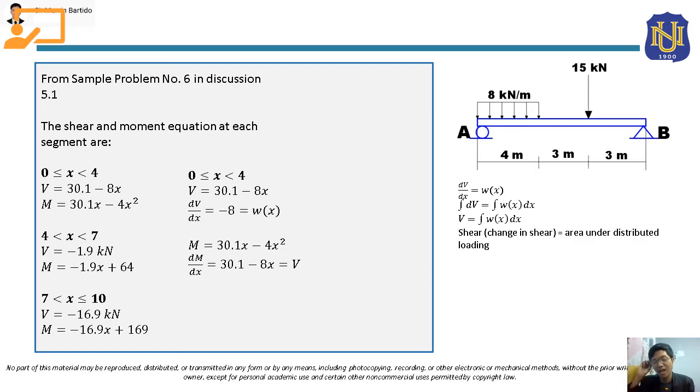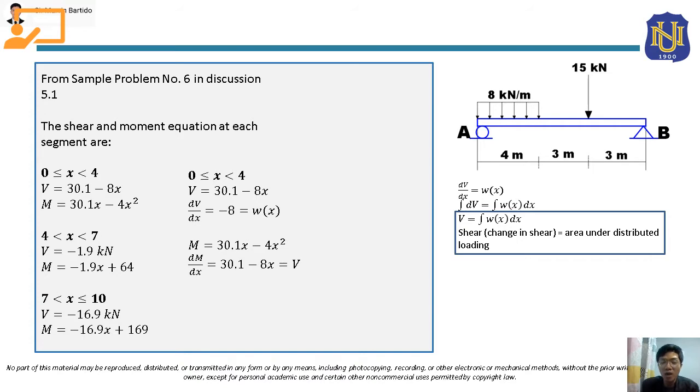So instead of establishing the shear equation first to solve for the shear at any point, we can actually just solve the area under the distributed loading to solve for shear. I'm going to demonstrate that in our examples, so you have to take note of this. Again, the change in shear is equal to the area under the distributed loading.